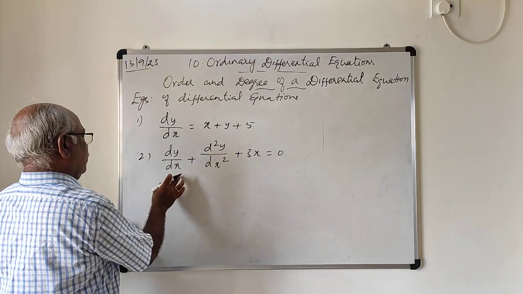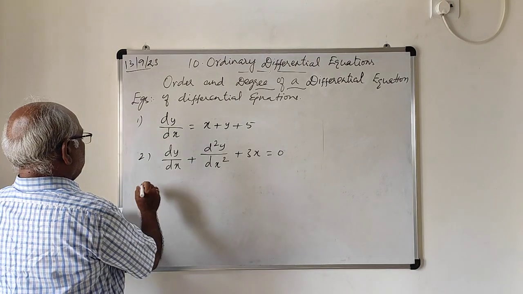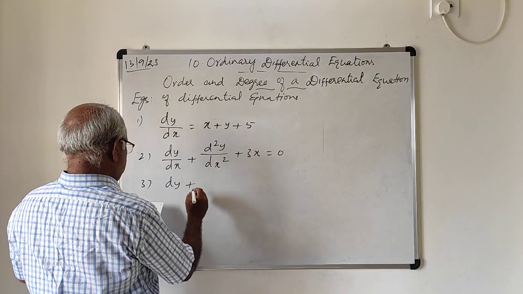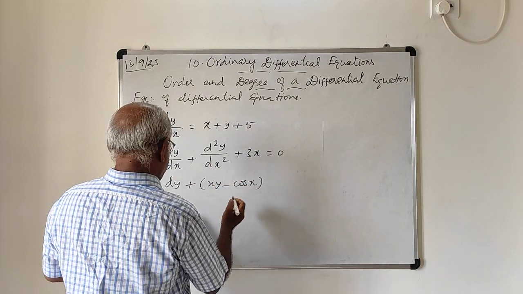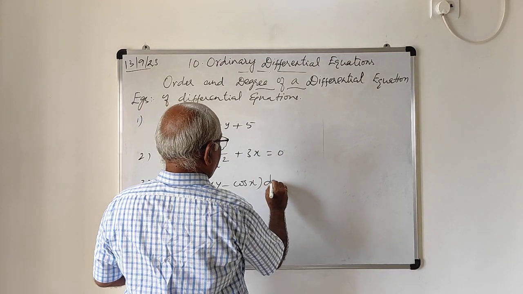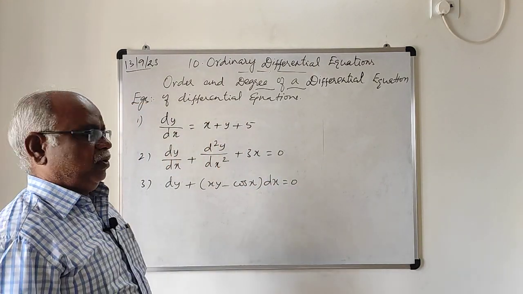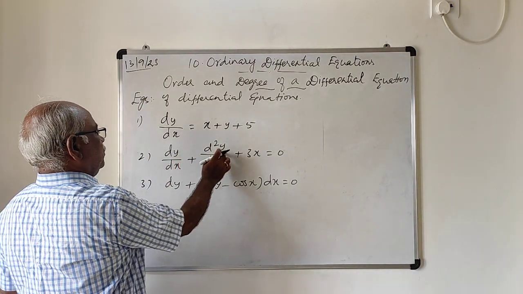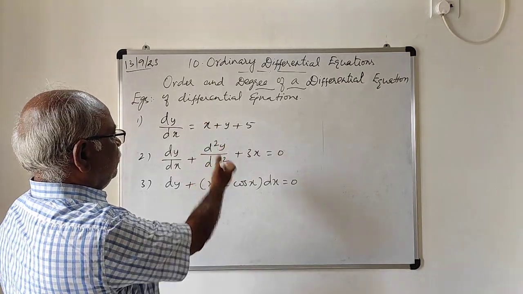This is also an example of a differential equation. And one more example, dy plus (xy minus cos x) into dx equal to 0. These are the examples of differential equations.